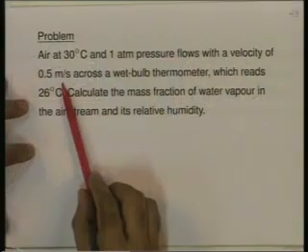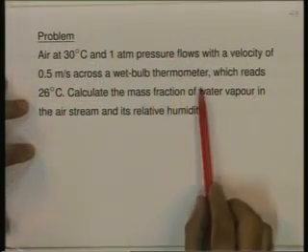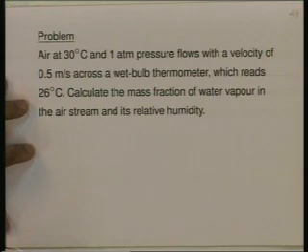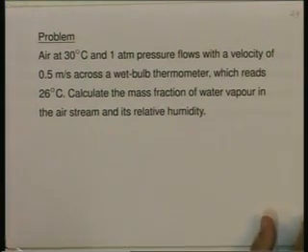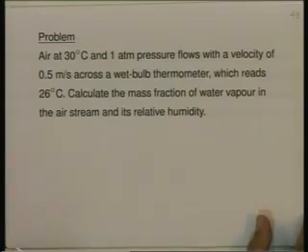Finally, we look at a problem pertaining to the wet bulb thermometer. We have air at 30 degrees C and 1 atmospheric pressure flowing across a wet bulb thermometer. Air velocity is 0.5 meters per second and the wet bulb thermometer reads 26 degrees C. We have to calculate the mass fraction of water vapor in the air stream and its relative humidity.